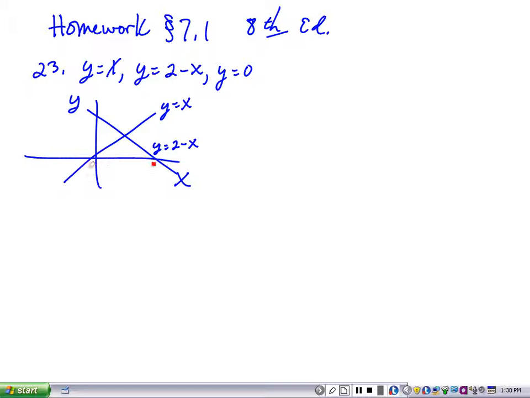I need to find this point here, and the region that we're looking for is the bounded region. It'd be everything in here.